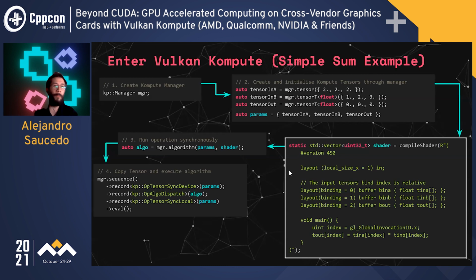If you remember before from the more Vulkan SDK specific example, what we would be doing is we would first record the set of commands, or in this case, operations. We are first going to record an operation tensor sync to device, which means that it's going to take this value from our CPU memory, so in this case, from the RAM, into the GPU memory.